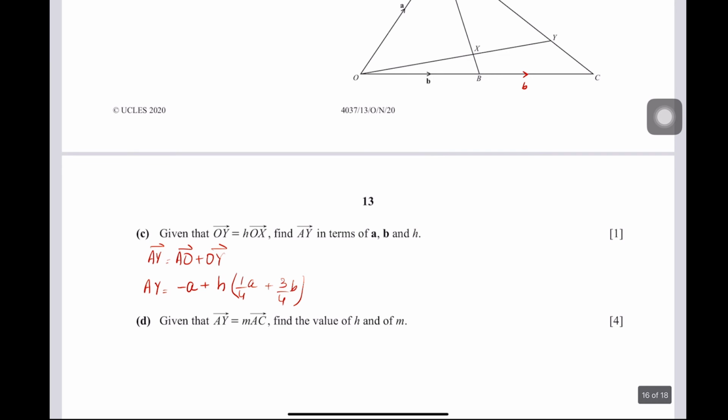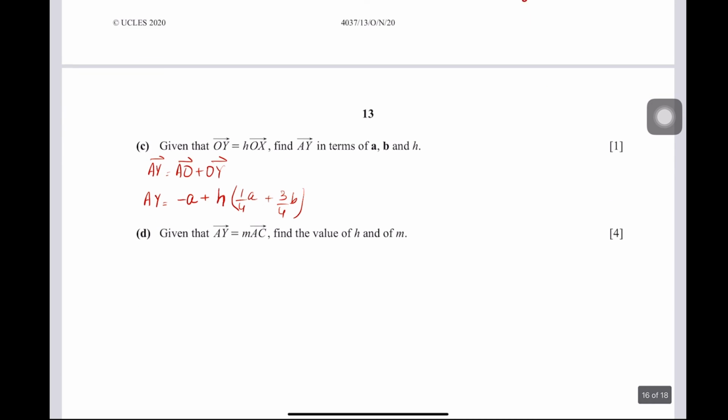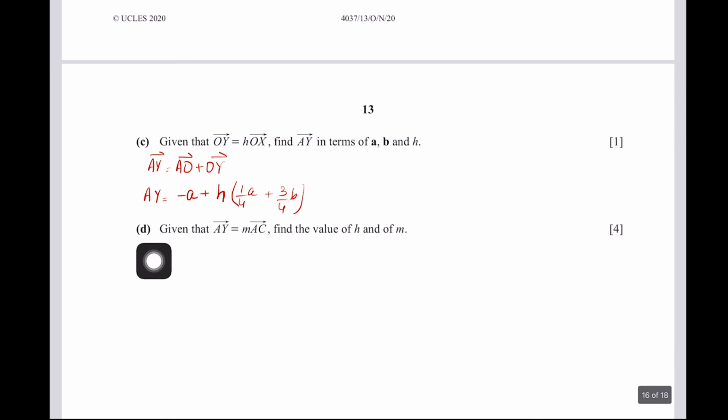Now, in this question, it hasn't really mentioned that we are supposed to simplify it, so even if you don't, that's fine. But I would suggest that you do it because, as you can see in part D, you have to find AY again in terms of some other vector, and then you have to find the value of H and M. So I would suggest that you simplify it. So AY will be equal to minus A plus 1 upon 4 HA plus 3 upon 4 HB.